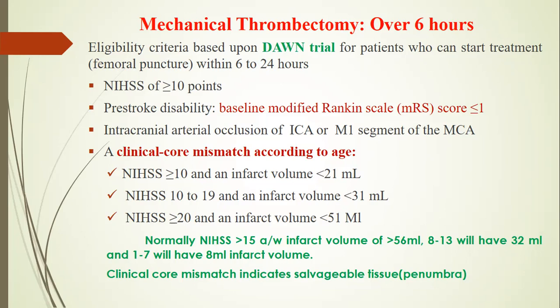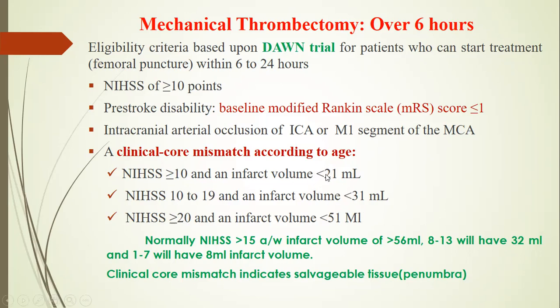Better you don't remember the age groups. Just remember clinical core mismatch: NIHSS 10, 10 to 19, more than 20, and infarct volume. As age progresses and duration progresses, the rate of good outcome will be lower, so they have put the age along with your NIHSS scoring.